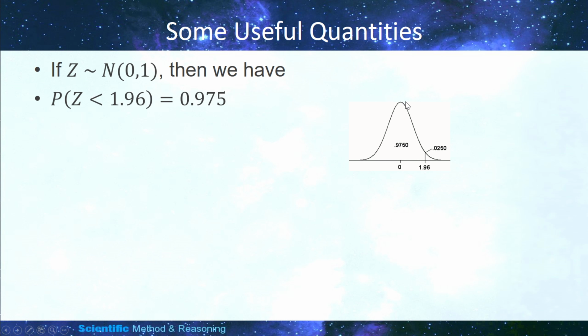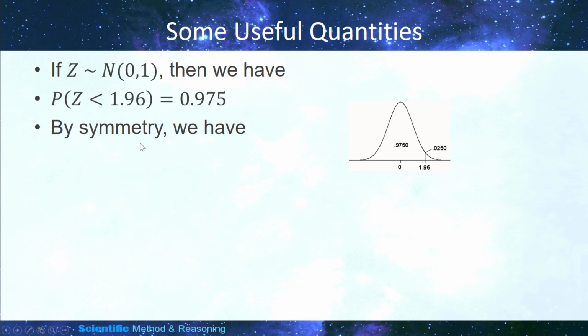Okay, suppose we have a standard normal distribution with mean 0, variance 1. And 1.96 is here. The area of the curve to the left of 1.96 is 0.975, and that means to the right-hand side of 1.96 we have an area of 0.025.